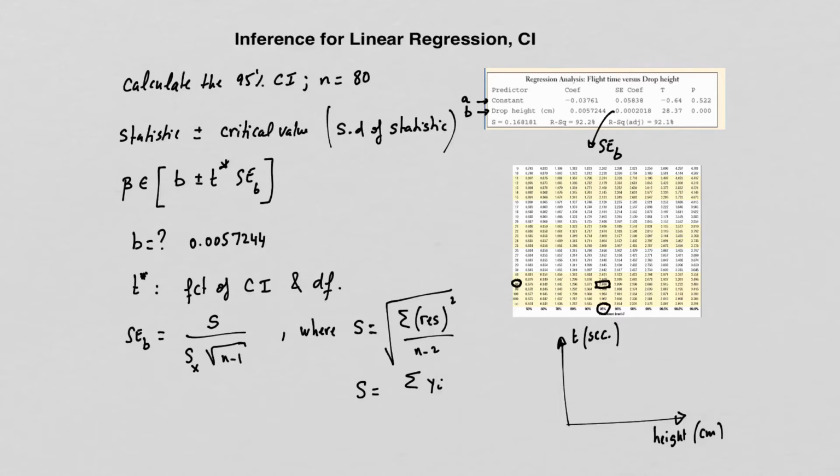In our case, it's time, right? This is your y. This is your x. So yi minus y hat over n minus 2. Don't forget to square these values, and then you take square roots.